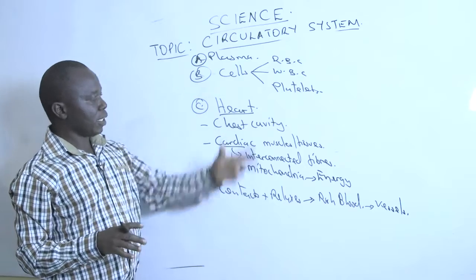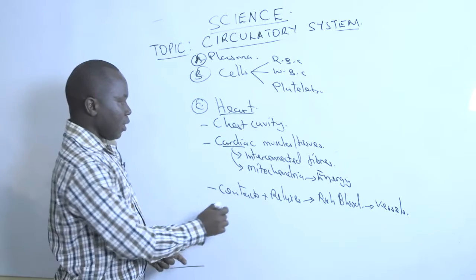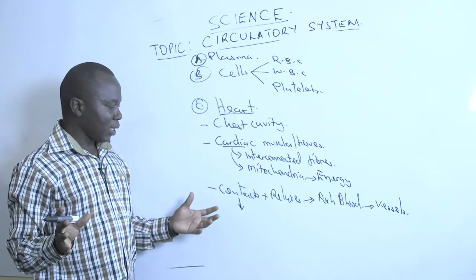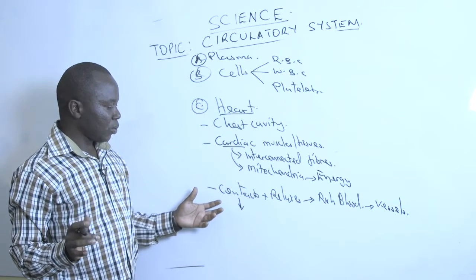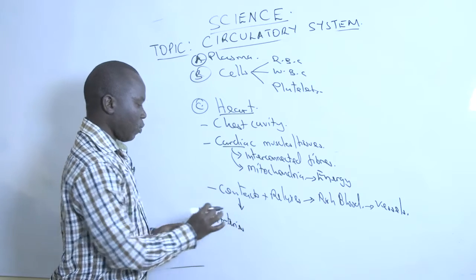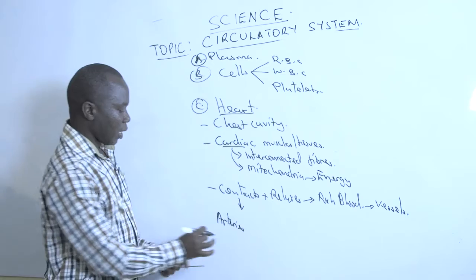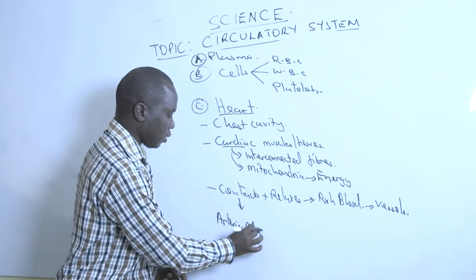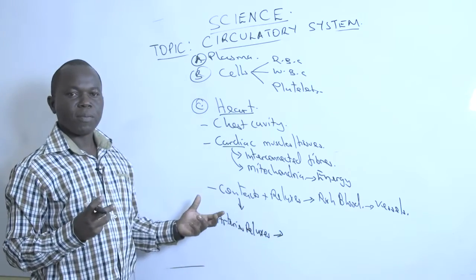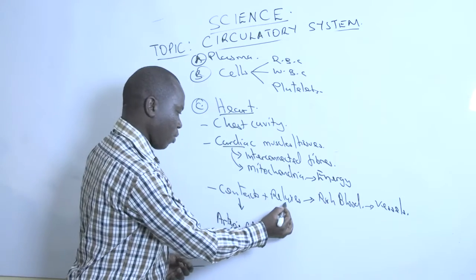We are going to look at the circulatory system. But remember, when the heart contracts, usually the arteries are going to relax. When it relaxes, it allows blood from the heart to enter the arteries.